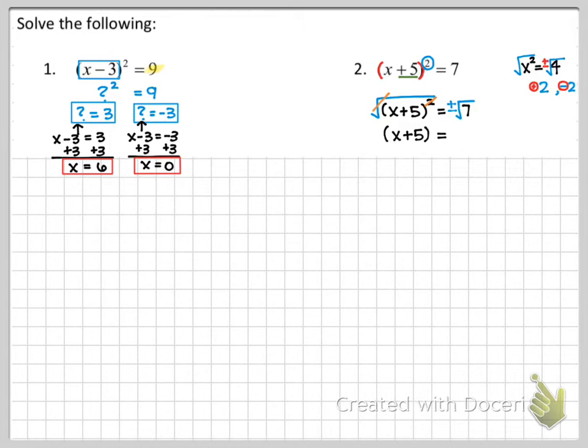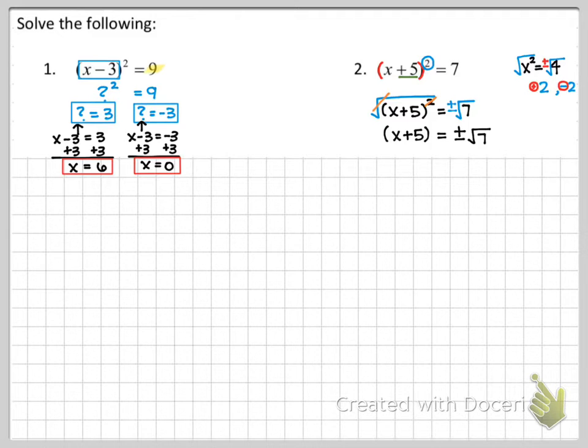Equals. Here's the tricky part, and that's why this one was harder. I don't know what the square root of 7 is off the top of my head. I know it's something between 2 and 3. So for now, I'm just going to leave it as plus or minus the square root of 7. Near the end of this, I am going to grab my calculator and type it in to get some approximations, but I want to get the exact answer first.